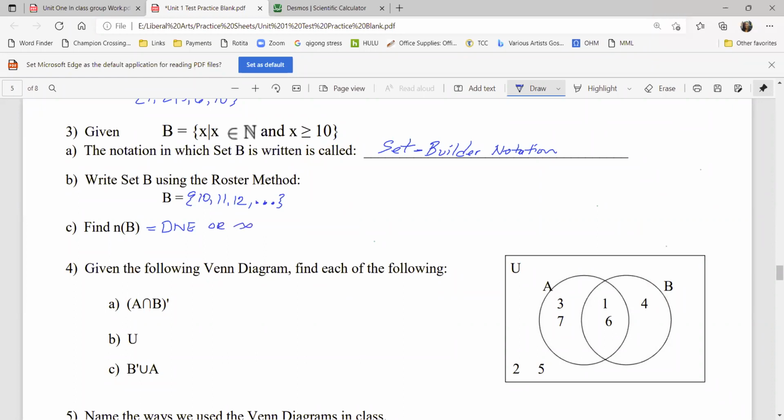Sorry, Dr. Hamilton, can you explain why letter C is D and E to me? D and E means it's too many to count. We don't know. Oh, okay. It doesn't stop, so we don't know what it is. Got it. So instead of saying what it is, they're either going to want the infinity sign, or if it is infinity, they're going to tell you to put D and E, because it's too many for you to count.